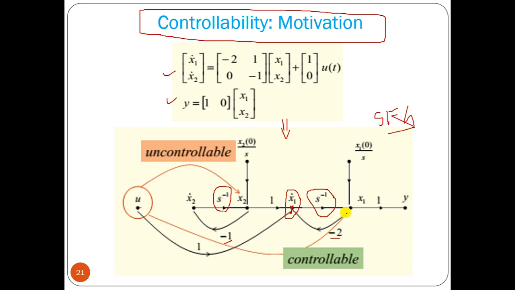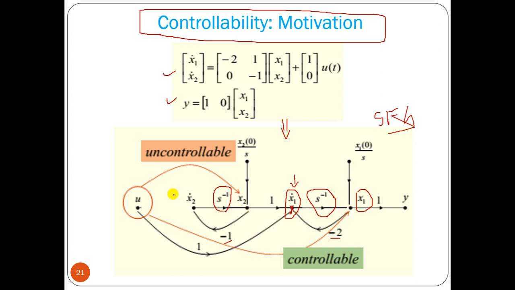Now what we can see is that x1 dot is connected directly to the input, so x1 dot is linked with x1 as well. So the x1 variable is controlled by the input directly, but u is not connected to x2, and x1 is not connected with x2.